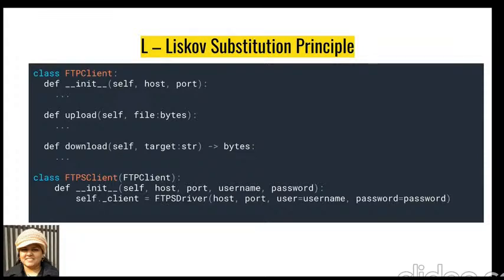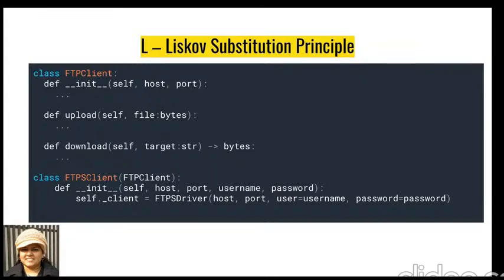Now there are a couple of choices to do that. One is to add upload secure and download secure functions, or add a secure flag through kwargs in our upload and download section. Or the one that we have done is extend the FTP client and create a new child class which is FTPS client. It makes sure that when you are connecting using the FTP driver, you are using username and password.